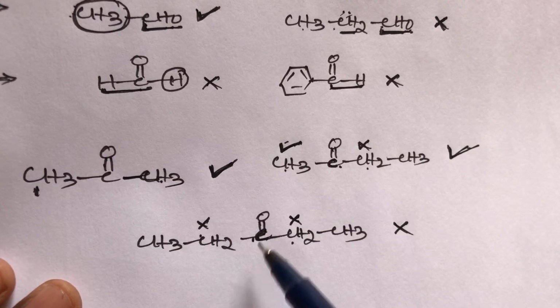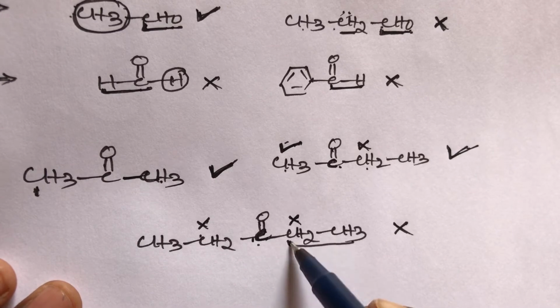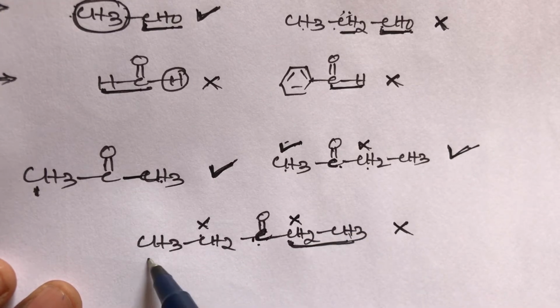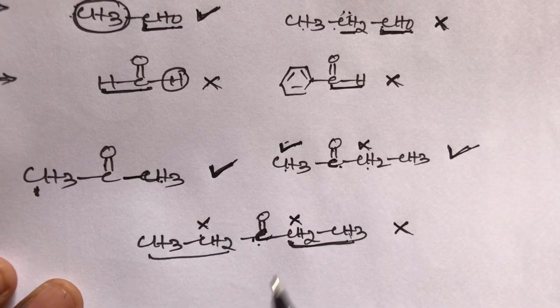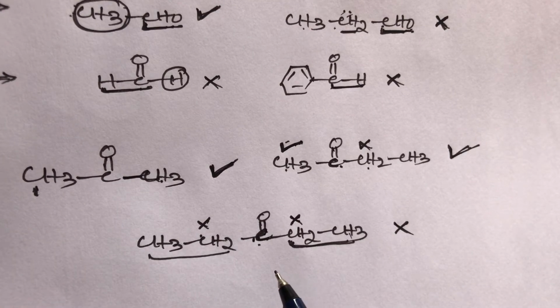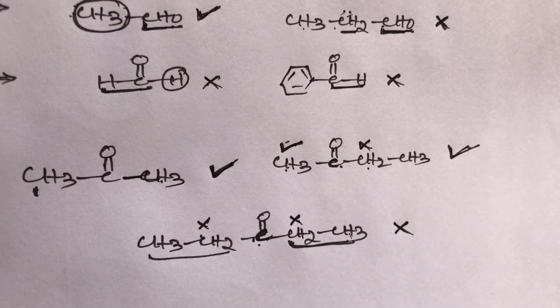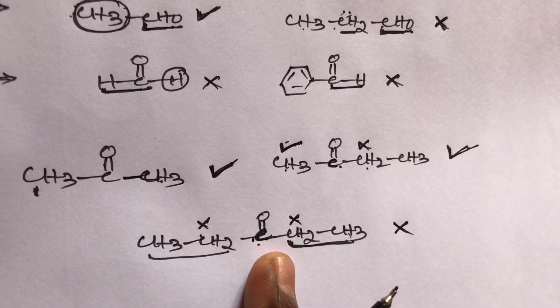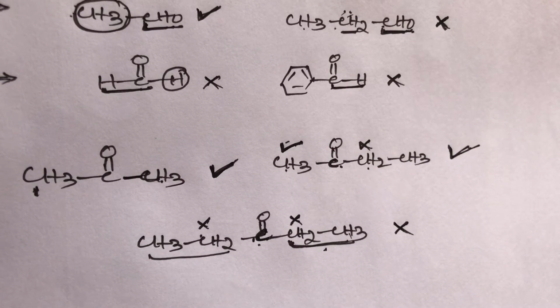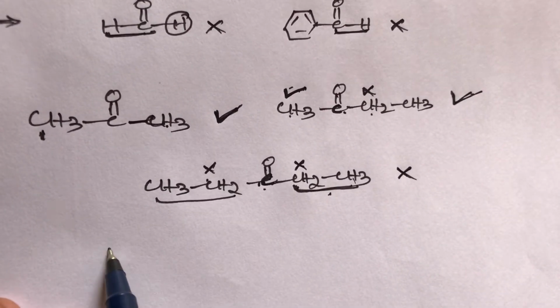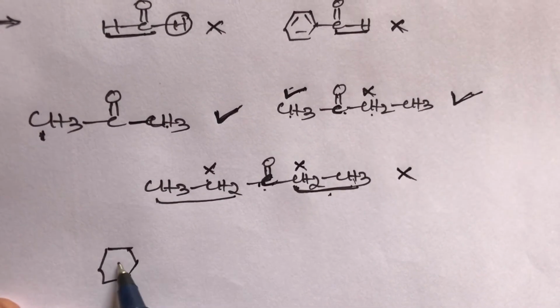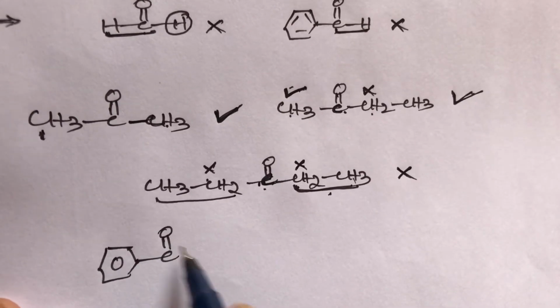Here the keto group is directly connected with ethyl groups, and this complete group is called ethyl. So that is not giving the iodoform test. This is a simple trick. Now one more example, that is COCH3.